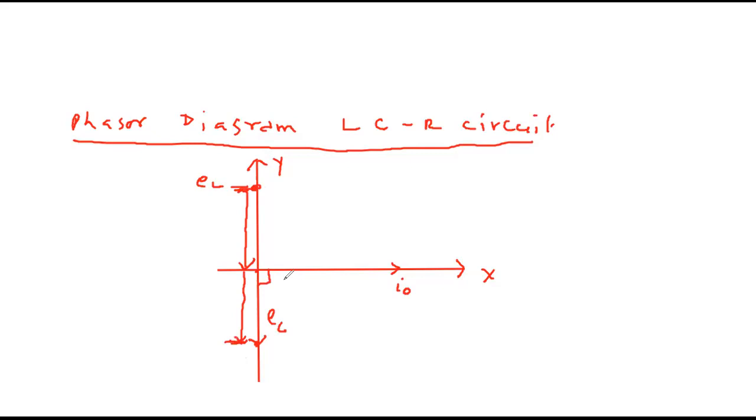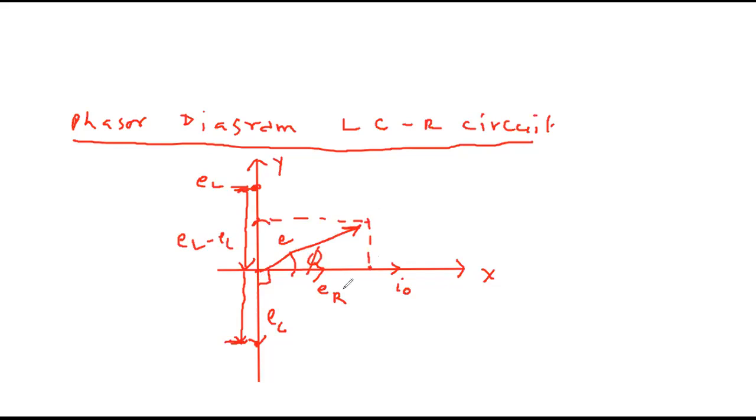ER is in phase with the current, so this is ER. This is, suppose, EL minus EC. So this becomes total EMF E, making angle phi with current I.